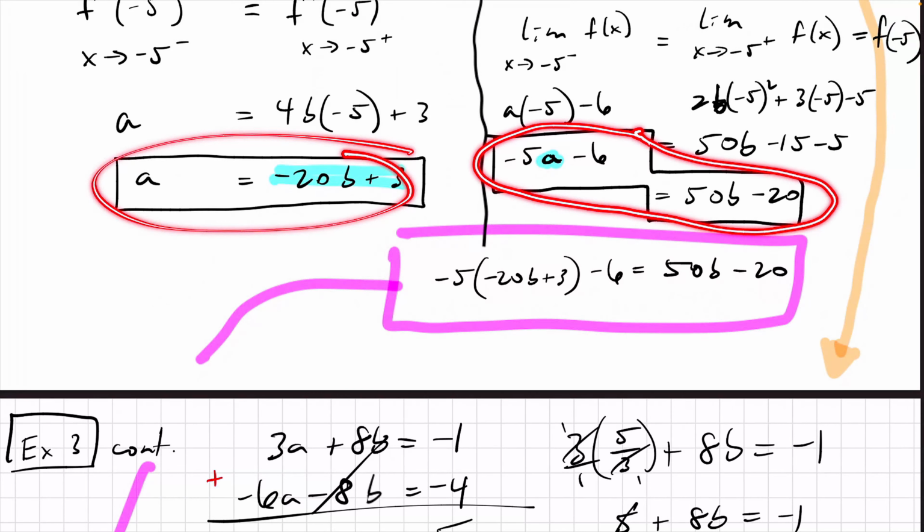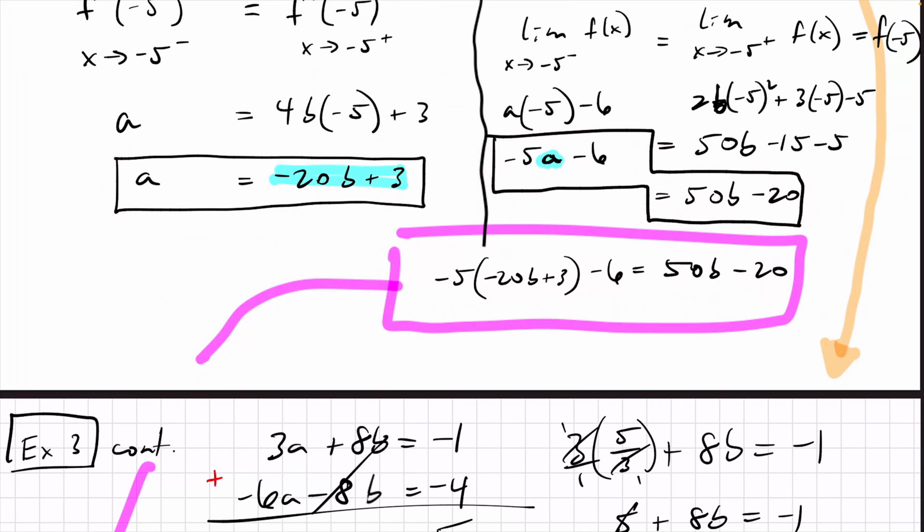I know b is 1/50th, right? So you can plug it in for b, either one of them, and solve for a. I'm going to use the left one since all I got to do is plug in, multiply, and add. The other one I would need to do some adding and subtracting and other stuff.